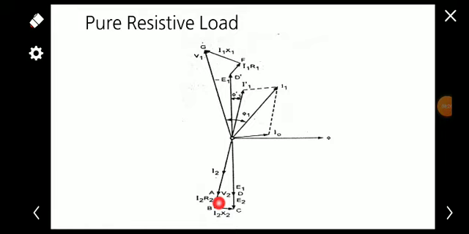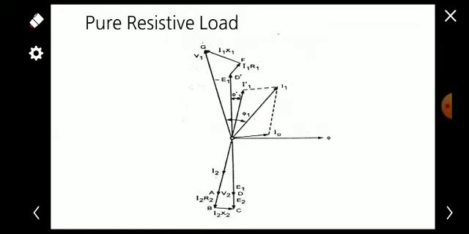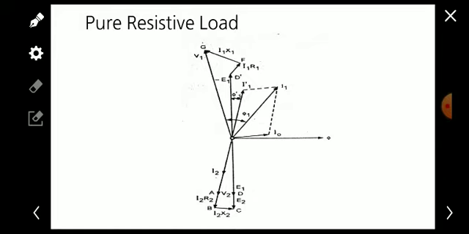With a small amplitude we will draw this I2 R2, and after that we have to incorporate I2 into JX2. It is the drop across the inductance, and that drop is always drawn with a 90 degree phase shift from the drop across the resistance, I2 into R2.